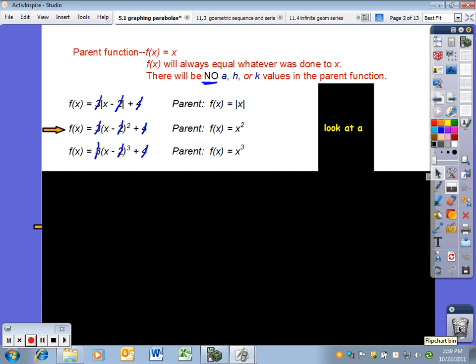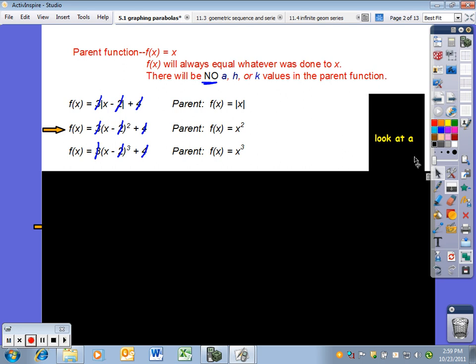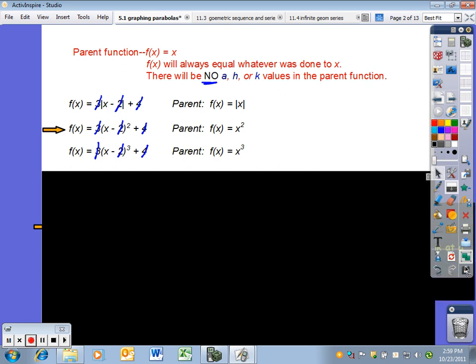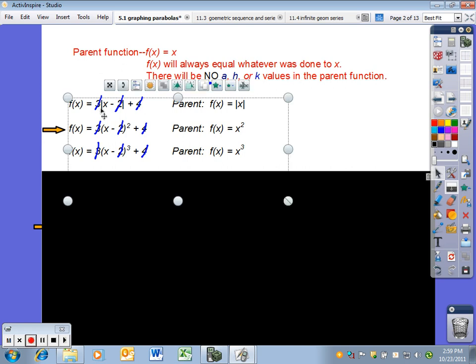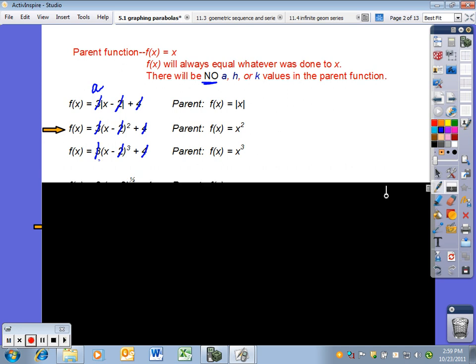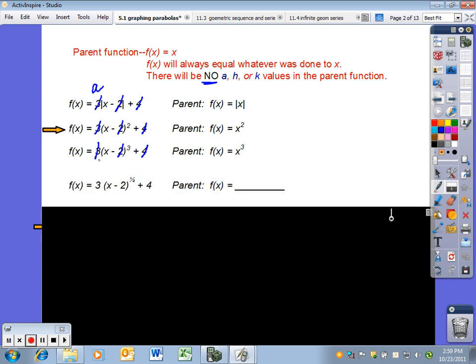Now let's go back and look at the a's of all those. These a's were always 3. In every situation, I kept it the same. So let's try this parent function. Again, a is 3.